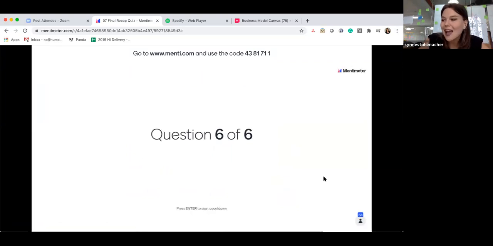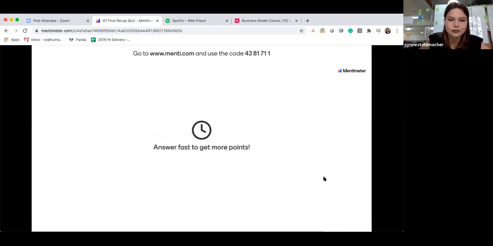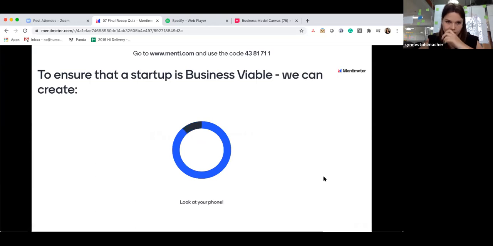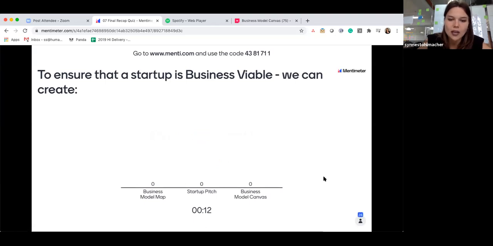Let's look at the last question, guys. To ensure that a startup is business viable, we can create a business model map, a startup pitch, or a business model canvas. If you don't get this right, I am going to cry.